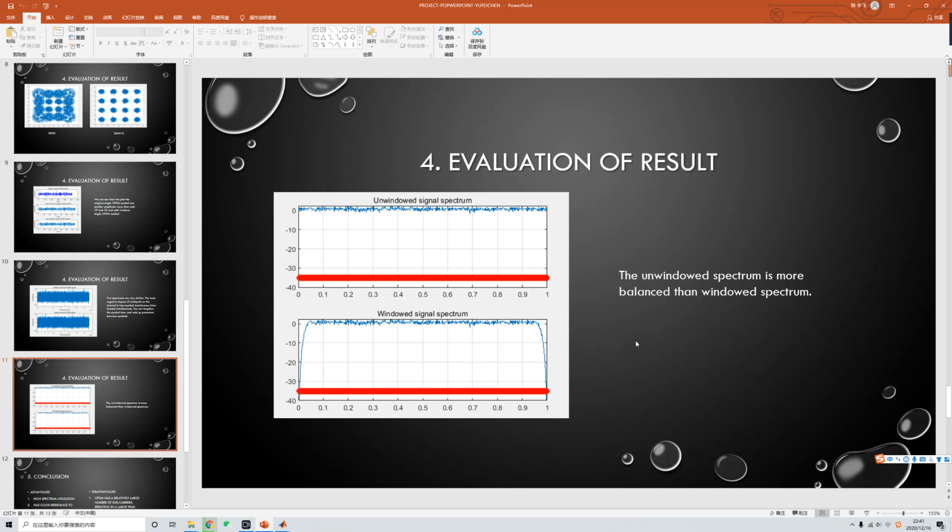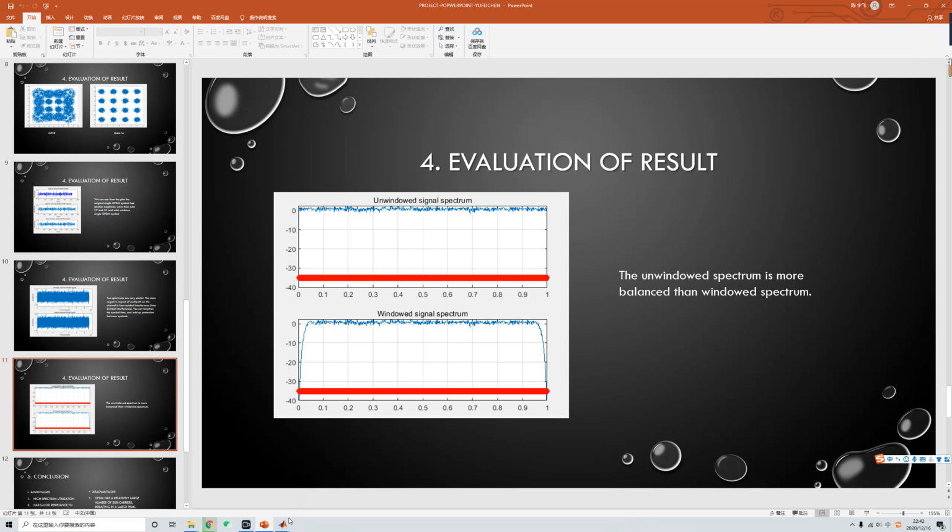And in the next part, I draw a plot comparing the unwindowed signal spectrum and the windowed signal spectrum. We can see the unwindowed spectrum is more balanced than the windowed spectrum. After we add windows, we can see in the plots that at the start and end they have a very obvious change, while during most of the middle of the time they remain balanced.